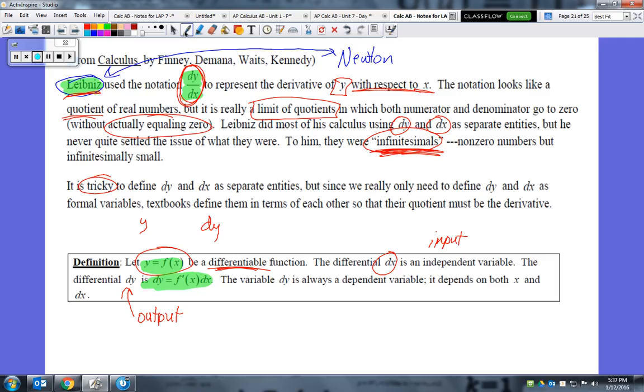So, looking at f of x, it's f prime of x, so the chain rule, multiplied by the derivative of the inside, which is dx. And again, they're seen as separate entities is what we're trying to define right now. The variable dy is always the dependent, and depends on both x and dx.